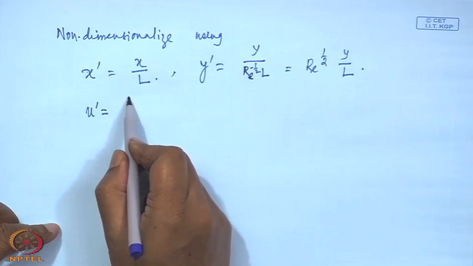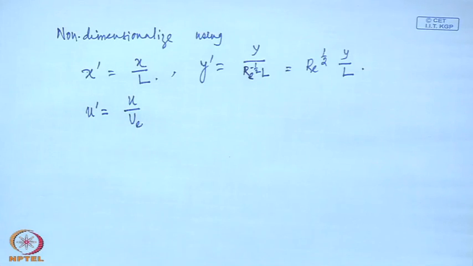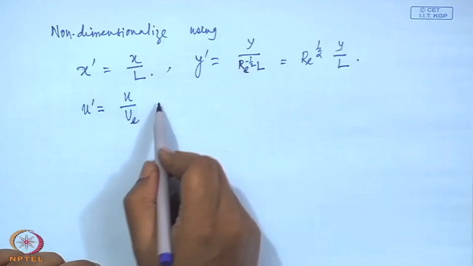u bar we will make u by u e, where, as before, any parameter with a subscript e means that it is the value at the edge of the boundary layer, or the inviscid flow solution.